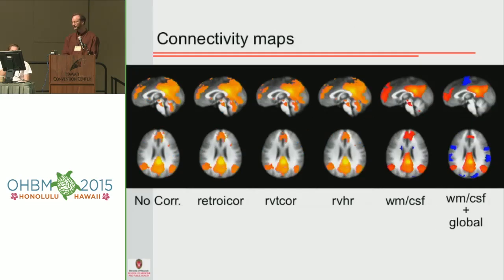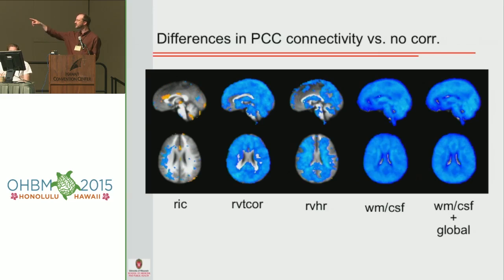Even though the first three, retro-I-core, RVT-core, and RVHR-core, don't look different, when you actually look at the t-test, there are areas of significant difference showing up. So even though it doesn't look like it in the overall group map, when you look at the statistics, you find a significant change in the functional connectivity of the posterior cingulate. And then, of course, there are huge changes with white matter, CSF, and global.